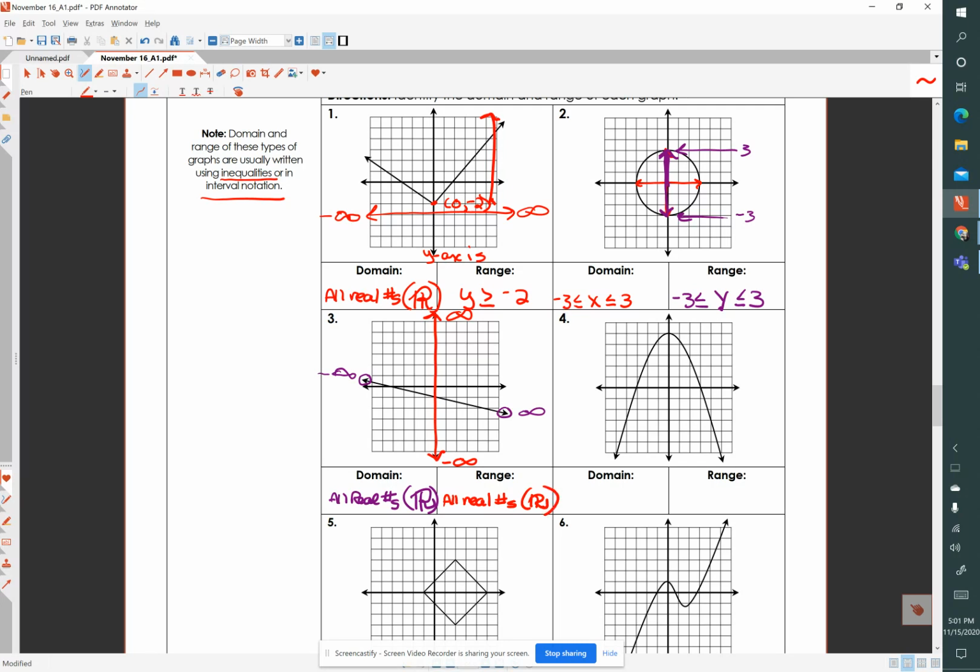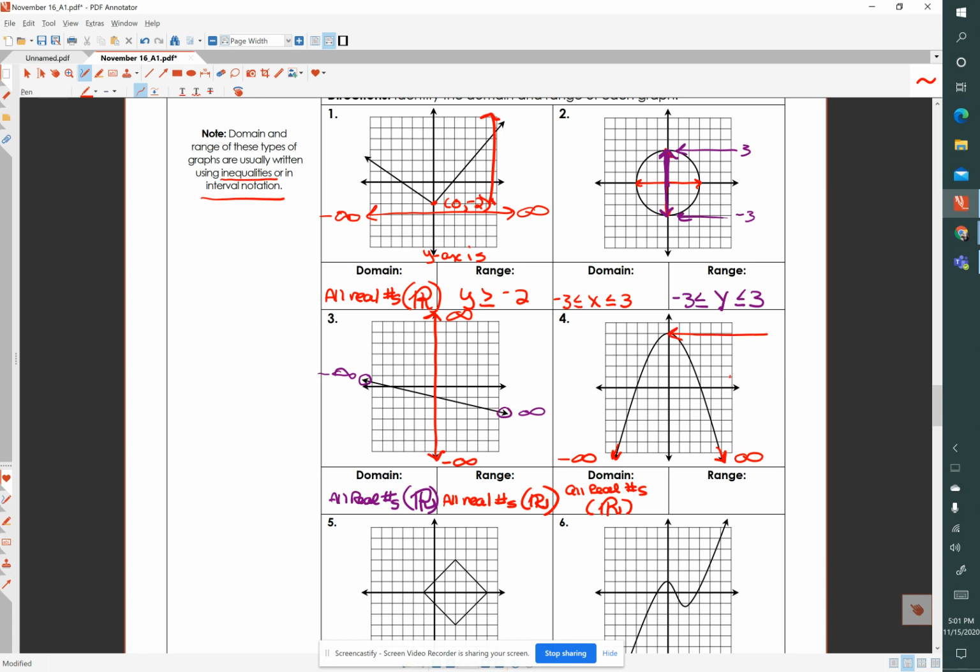Let's look at number 4. We have arrows on the end of this graph, which means we will go from -infinity to +infinity on the domain. So the domain will be all real numbers. But the range, let's take a look at this. What is this point on the line here?